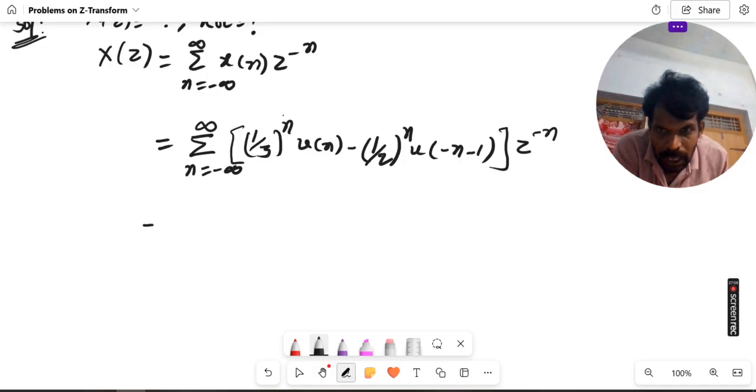Sorry for the delay. So let us apply the summation for both the terms individually. Why? Because here we have the u of n and here we have the u of minus n minus 1. So limits will change.